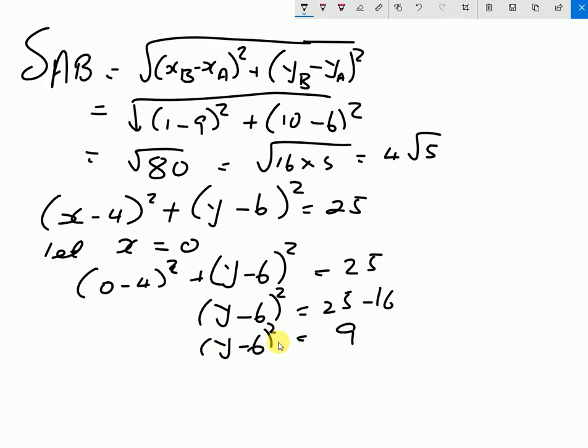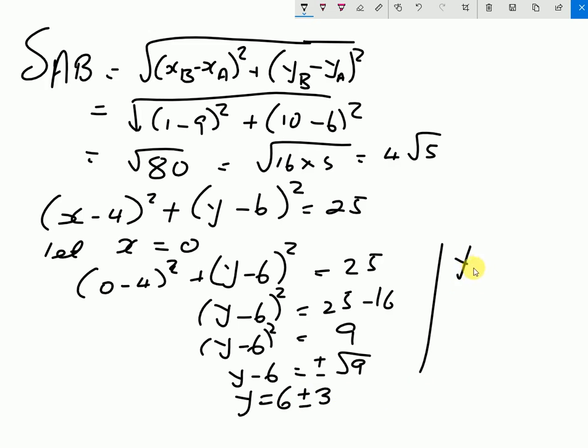Now you can root both sides, right? All right. Y minus 6 is equal to plus or minus the square root of 9. To save time, y is equal to 6 plus or minus 3. All right. Y is equal to 6 plus 3, which is equal to 9.